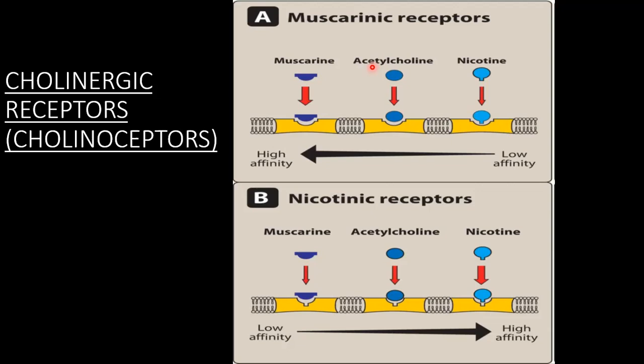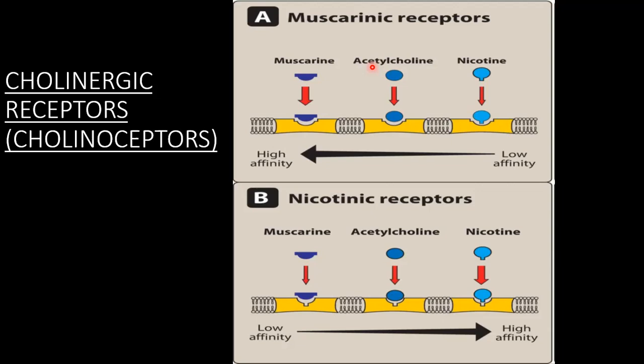Then M2 and M4 are Gi coupled, in that activation leads to inhibition of adenylyl cyclase and subsequent reduction in cyclic AMP, and also increased conductance to potassium.